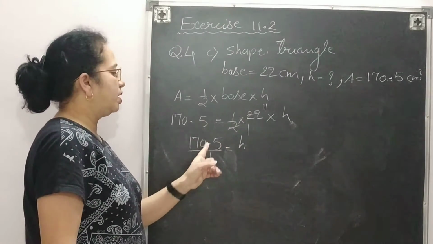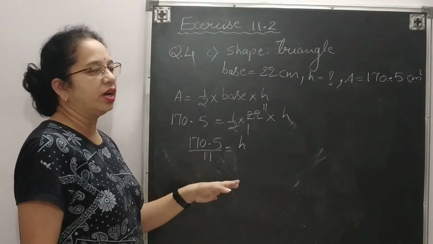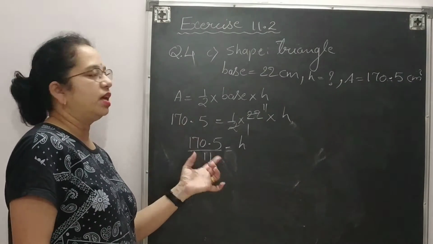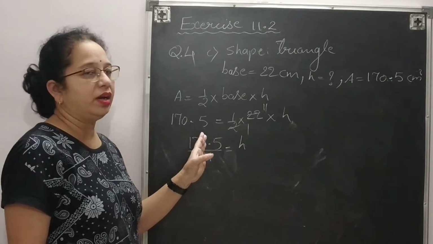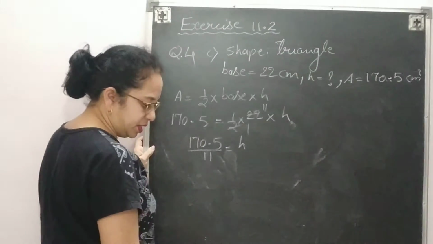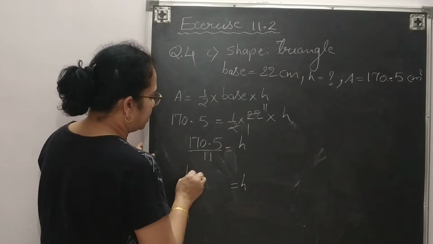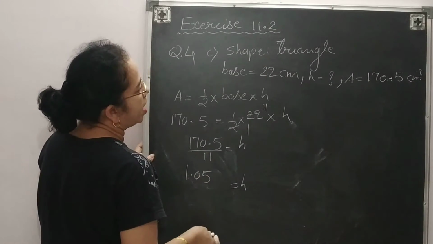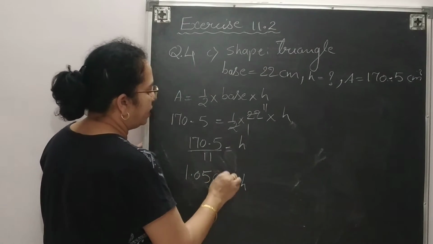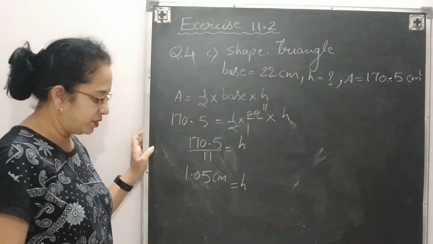So again you can convert this into fraction and you can cut the number, or since numbers are not divisible, you can divide. Whatever method is easier for you for calculation, you can use that, and the answer is 1.05 and your unit is in centimeter. So 1.05 centimeter.